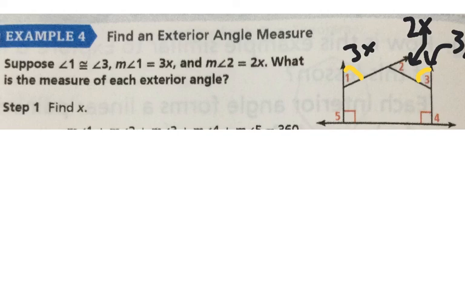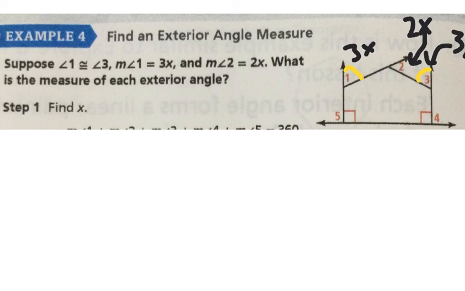So I drew that in. Now, do I know what the measure of angle 4 is? They don't tell it to me, but I can find it. Because 4 is an exterior angle, and it forms a linear pair with this angle.